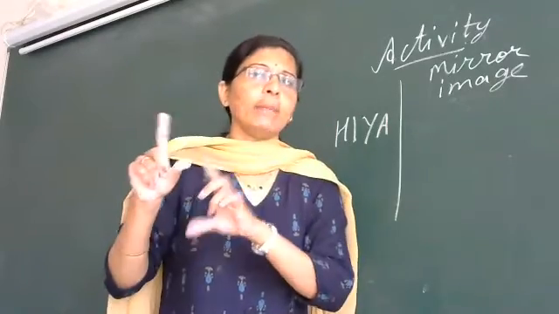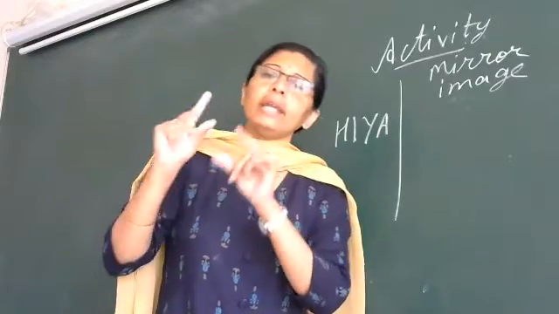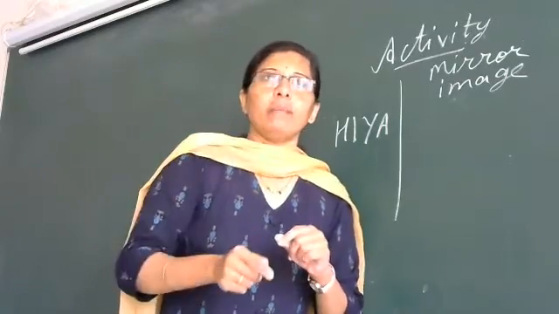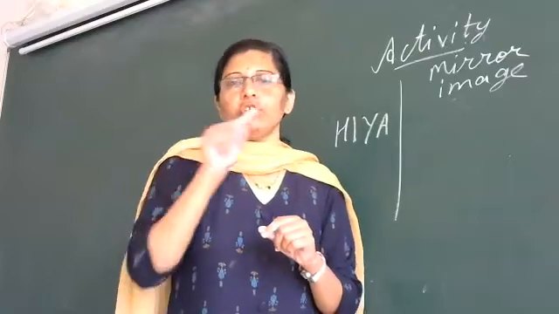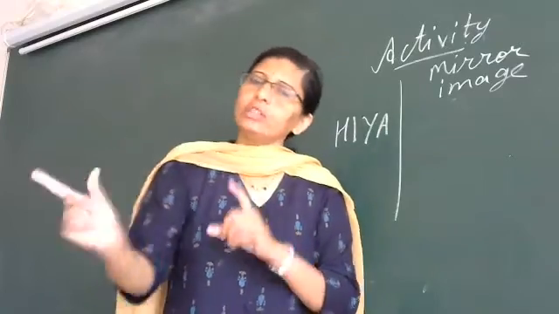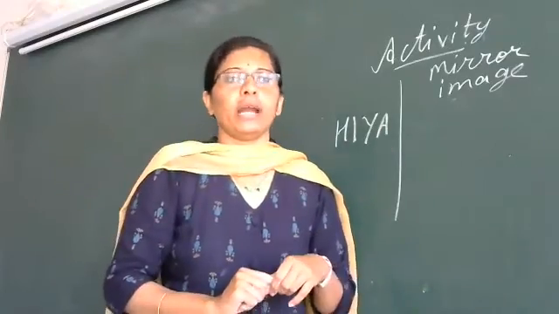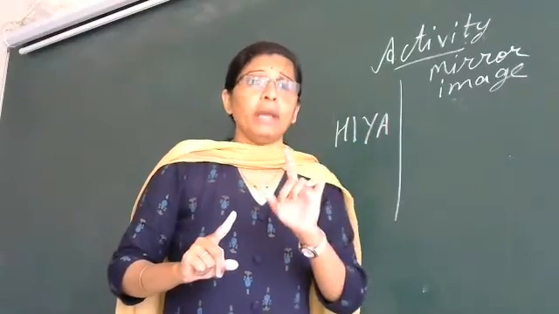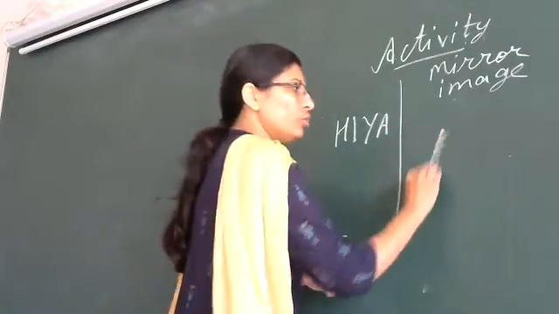You write all alphabets first in rough and see which alphabet you get vertical, which horizontal. Then those alphabets you can copy. Don't draw big alphabets in the notebook, draw small.